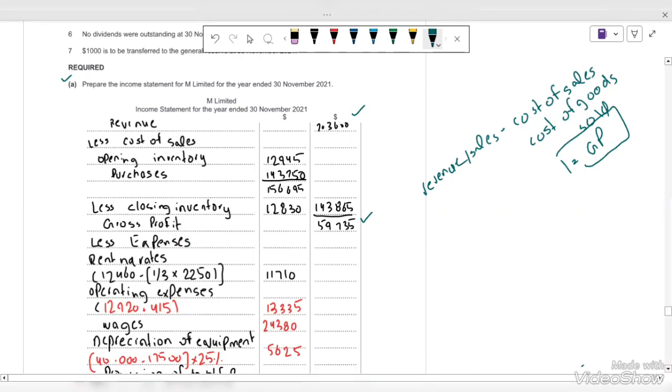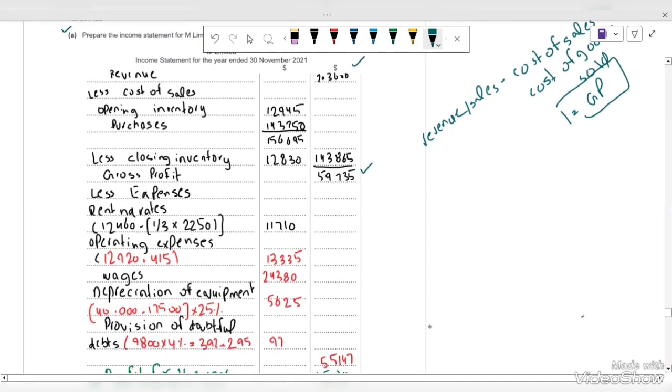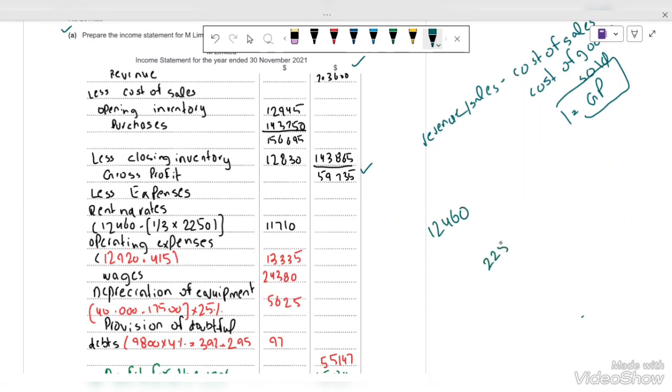So we have a number of expenses here. First of all, your rent and rates. What the examiner says in the question is that your rent and rates are basically 12,460, but you have an extra amount of 2250 in this amount.